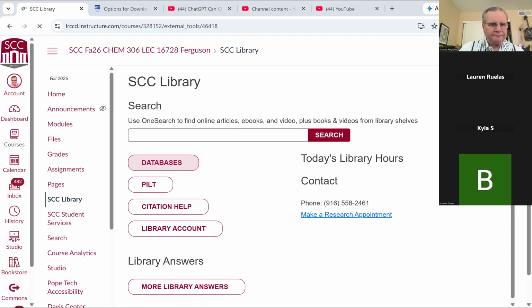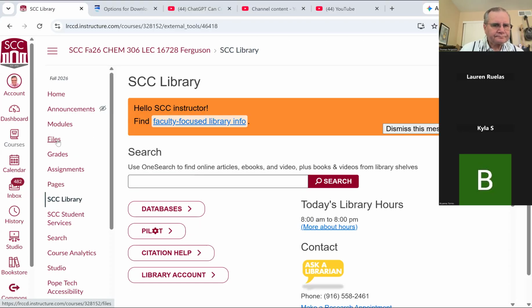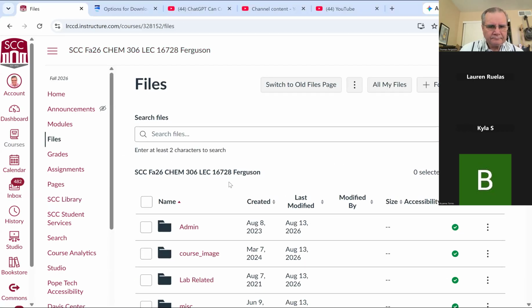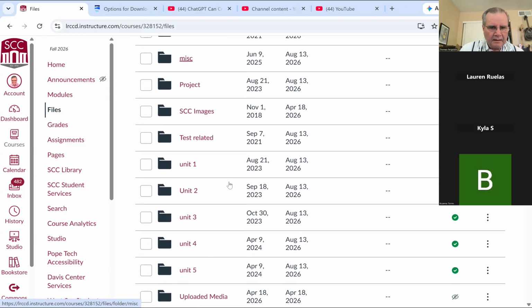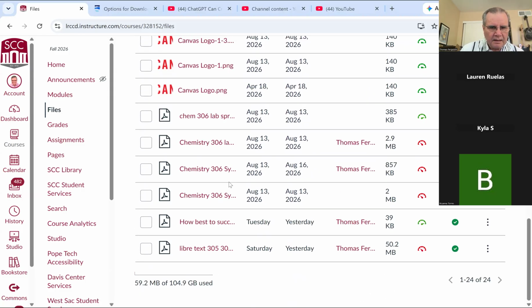Okay, so let's go over to Canvas. I'm under Files, and this is the free textbook. It's rather large, 50 megabytes, so it'll take a while to download, depending on your bandwidth. How to best succeed, that's the document I just went over.